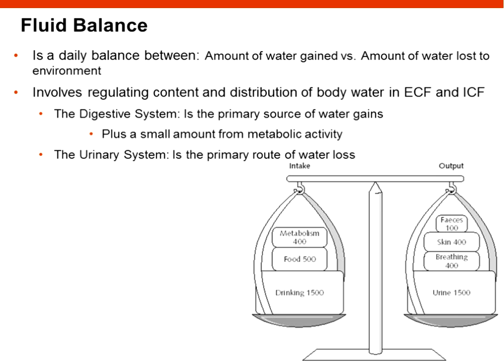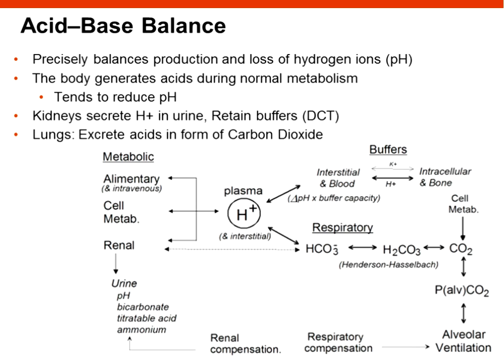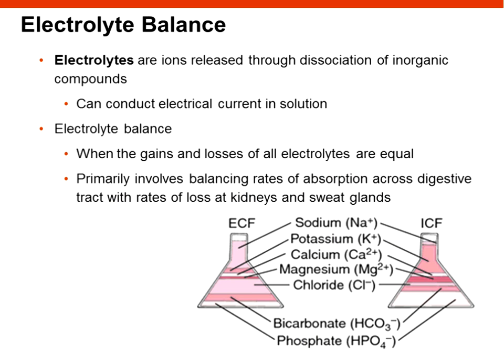The last place we lose water is the urinary system. This is the primary route for water loss and the best place to regulate our water loss to try to compensate for maybe insufficient intake. Okay. All right.